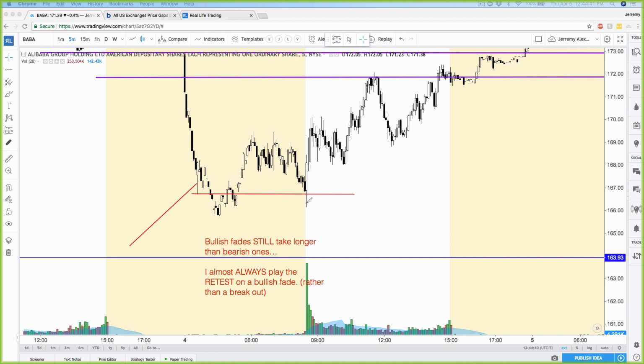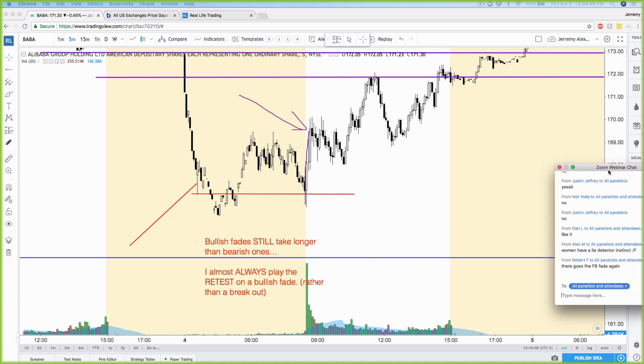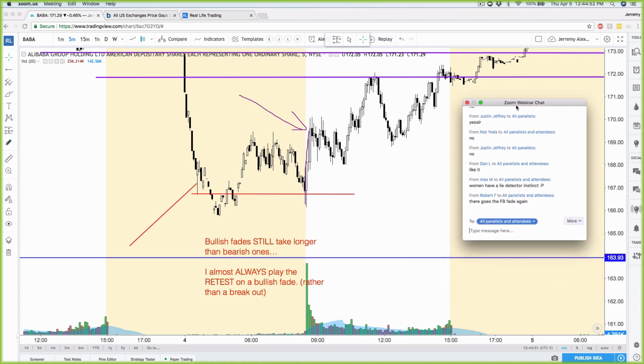So for example, on BABA, 15 minutes in, bunch of buying, obviously that's the breakout. Type in a 1 if you guys would agree. That's the breakout. It's above pre-market resistance, huge white candles, volumes everywhere.